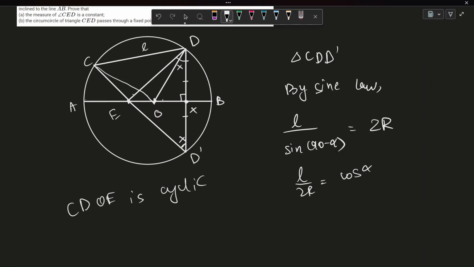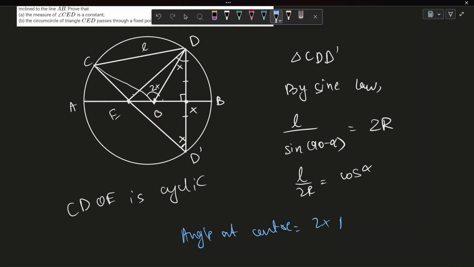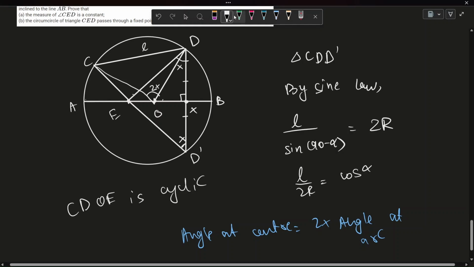And this X already makes that this angle is 2X because of a very well known property, angle at center equal to 2 times angle at arc. So this proves that angle COD is 2x.